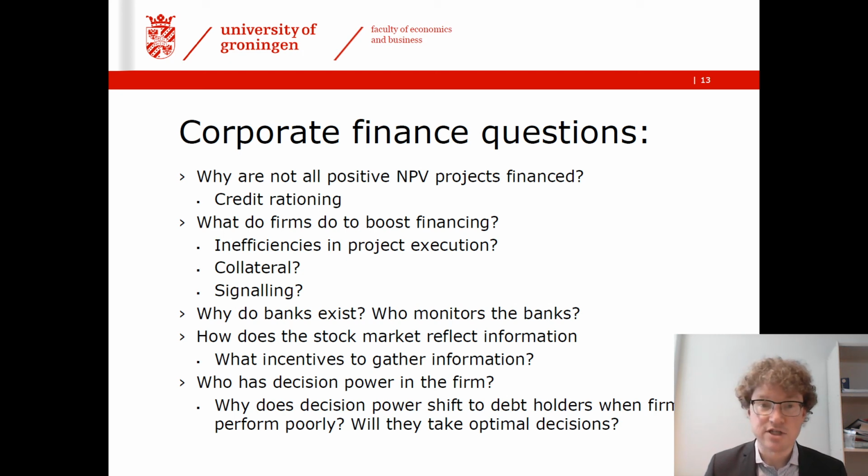Some inefficiencies that we see in practice might actually result from the desire to make funding possible. You cannot do without this inefficiency. Think about posting collateral. It's not always efficient to post collateral for a bond or for a loan, but yet we see it a lot, and there might be a reason for this.